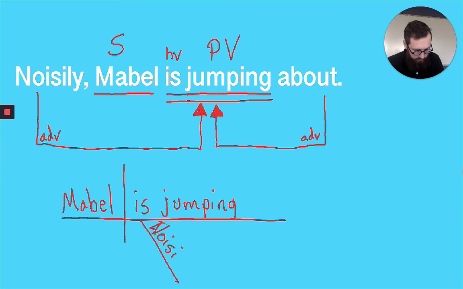Noisily. Notice that I capitalized noisily. That's because it was the start of my sentence. We always start a sentence with a capital. So if I look at this diagram, I know that noisily starts my sentence. And about. All right, that's how we analyze and diagram that sentence.